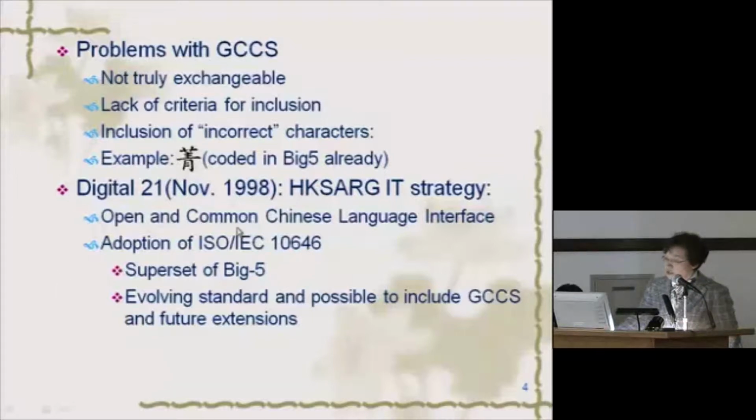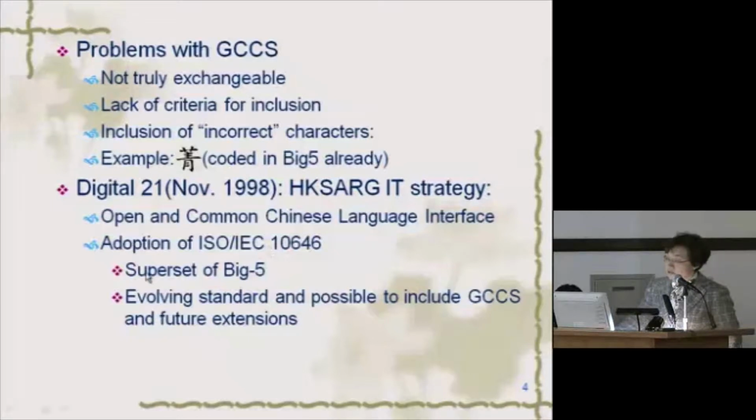So this particular Chinese language interface task under the Digital 21 had a committee. One of the IT strategies is to migrate from a Big Five platform to an ISO 10646 or Unicode platform.